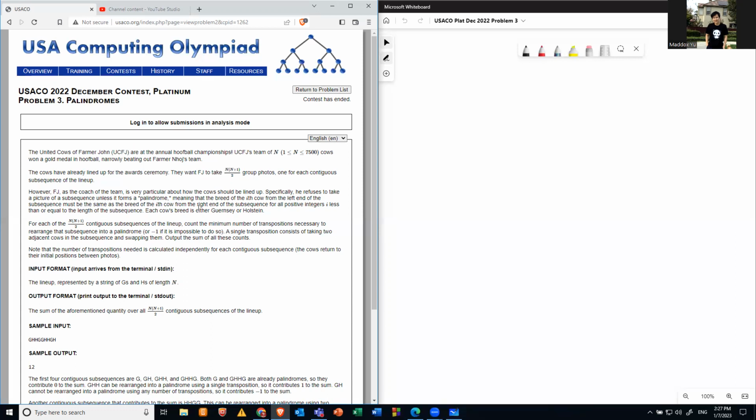What is the minimum swaps that Farmer John needs to do for those cows in order to make it a palindrome? If it's not possible, then make it -1. So the question is, what is the sum of all those swaps?